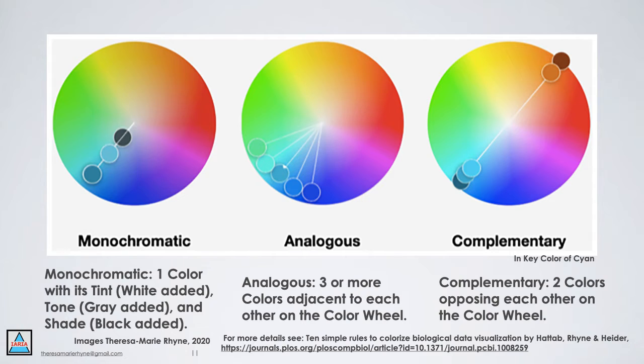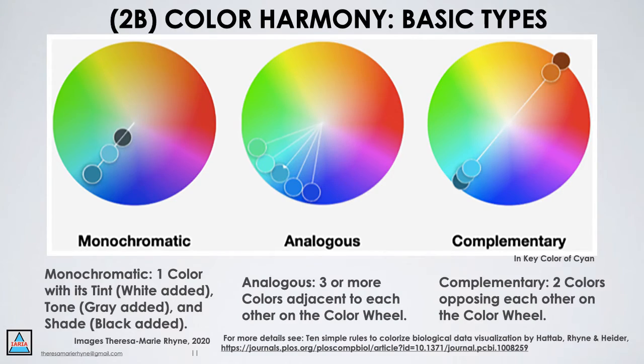Another color harmony is analogous, where we pick all these colors that are next to each other in the color wheel. Now this one's in the key of cyan, and we have a middle color of cyan. We picked all these colors next to each other. Then complementary. What do you think's the complement to cyan? It's really something like an orange. So that's complementary color harmony.